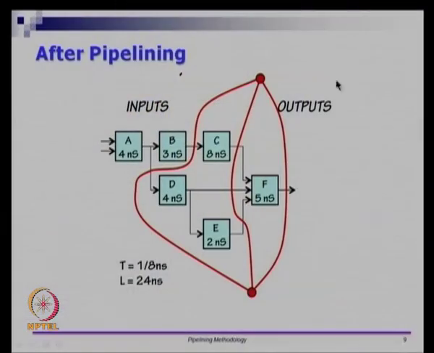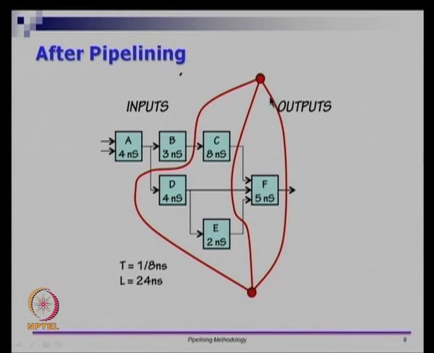So, this is after the pipelining. Let us see the circuit here. After pipelining, I have drawn this picture. So, the throughput is 1 over 8 nanoseconds and latency is 24 nanoseconds, and I have drawn this picture to show that this red line means one stage of pipeline, this red line means another stage of pipeline, and this red line means one more stage of pipeline.